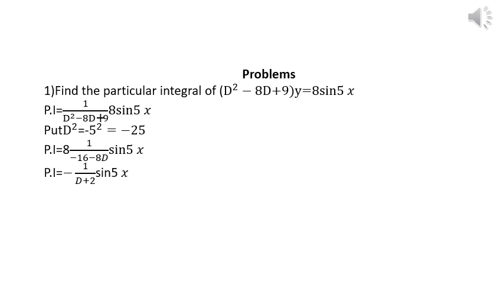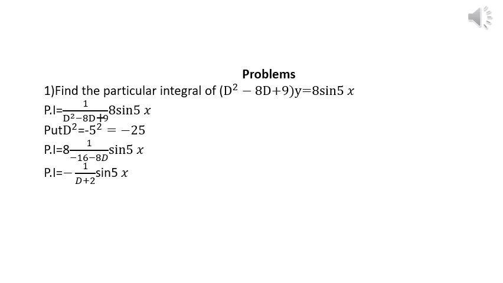The constant 8 can be written on the left hand side of the operator, and sin 5x, the function, must be written on the right side of the operator: 1 divided by d square minus 8d plus 9. Now you see the second rule given in the procedure of particular integral.